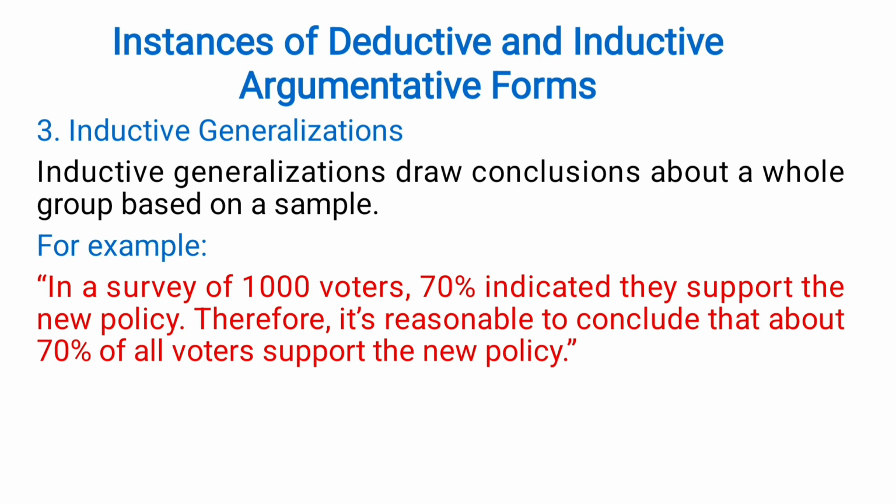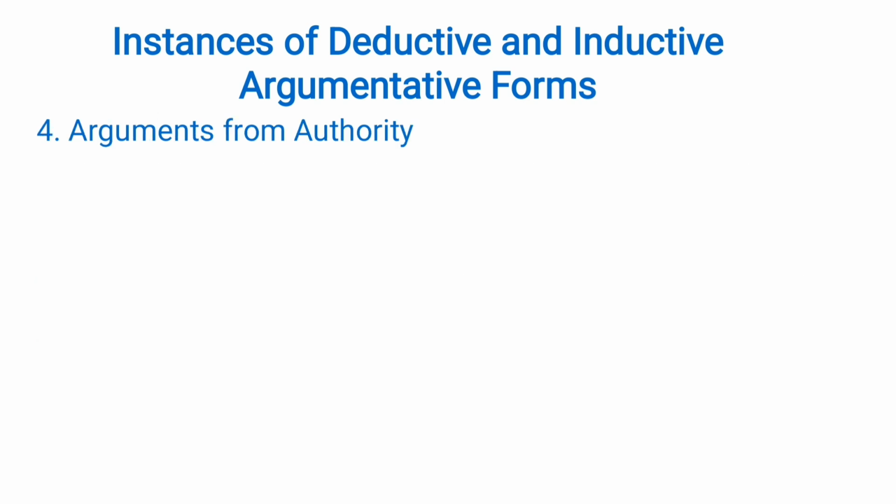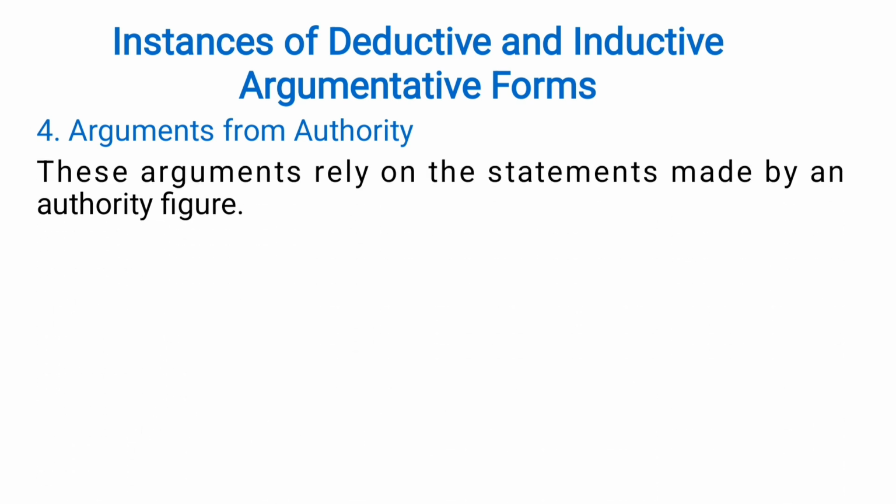And that's why we make this argument an inductive one. And the fourth typical form of inductive argument is argument from authority. This argument relies on statements made by an authority or expert figure.